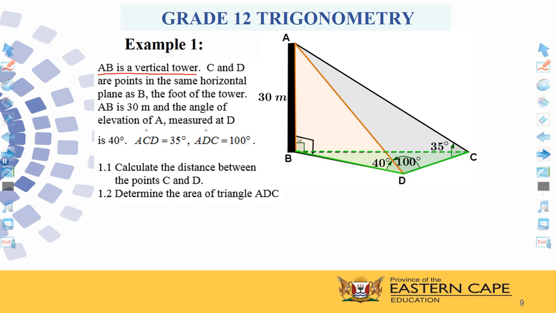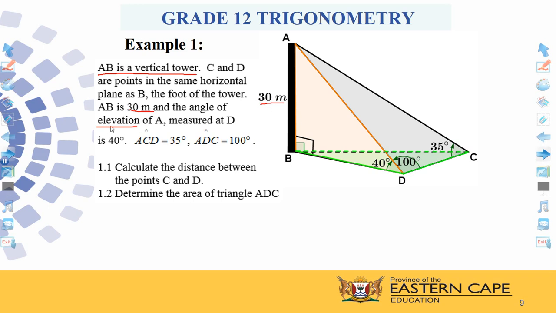All right. So the height of the tower AB is 30 meters. That tower is 30 meters. So remember that 30 meters, you have noted it from the statement, and it is also there in the diagram.